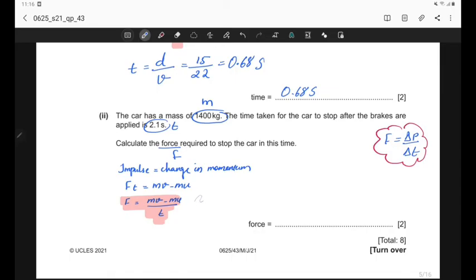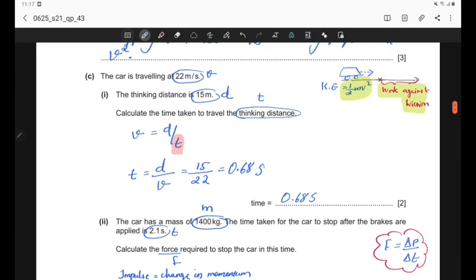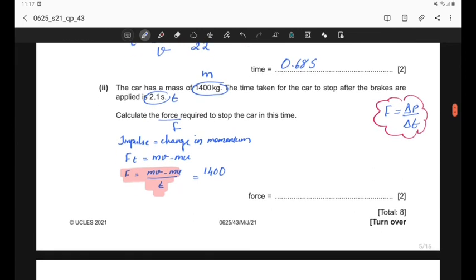Now we can substitute, where mass is 1400 times the initial velocity of the car, that is already given, 22, minus again mass times the final velocity. The final velocity of the car is 0, since the car stops. When the driver sees the obstacle, he applies brake, so the car will stop. So the final velocity will be 0. Yeah, there is a correction here.